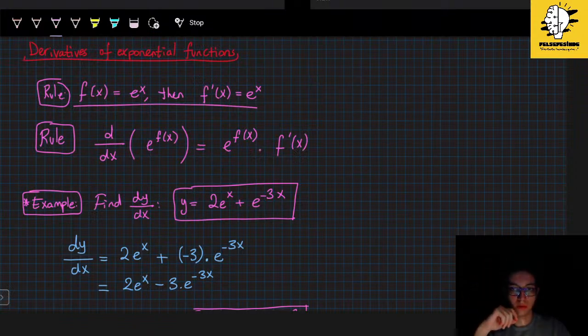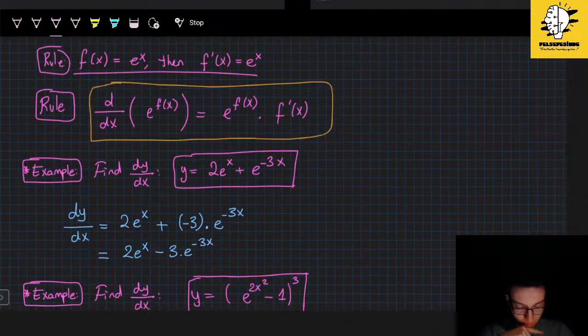And this is the logic of the chain rule. If you know the chain rule well enough, then you can solve these questions without memorizing or even looking at the data booklet. Actually this second rule is not given in the data booklet. You have to know it by heart. Just remember the chain rule here and solve these questions.